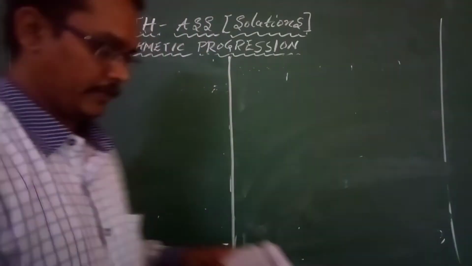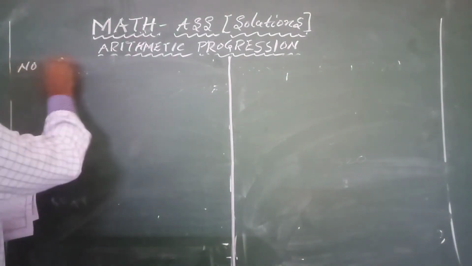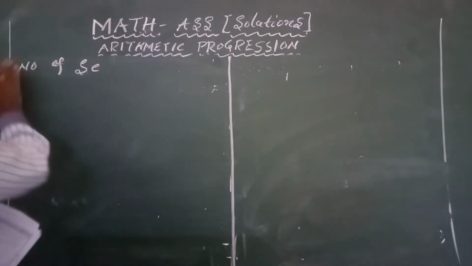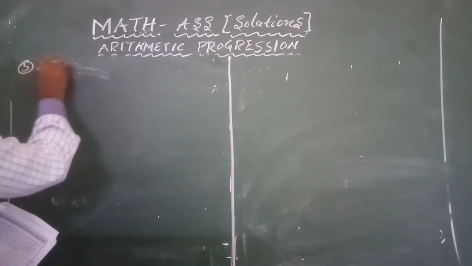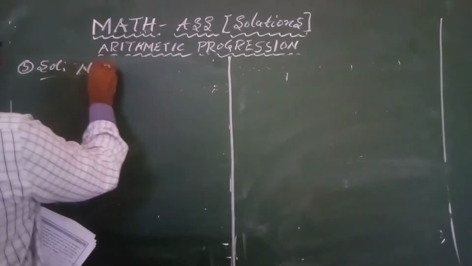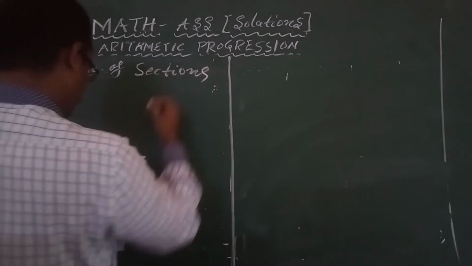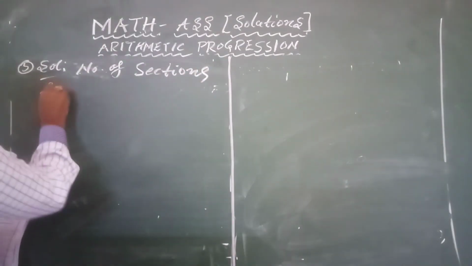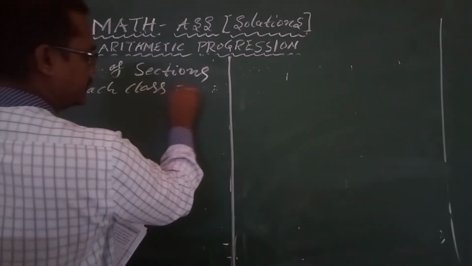First write down the number of sections. Third solution: the number of sections for each class. How many sections are there in each class? 3 sections.